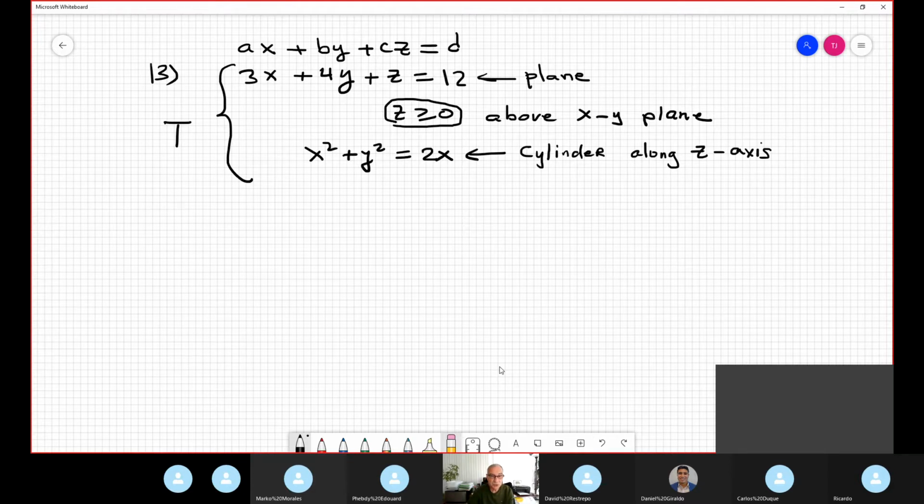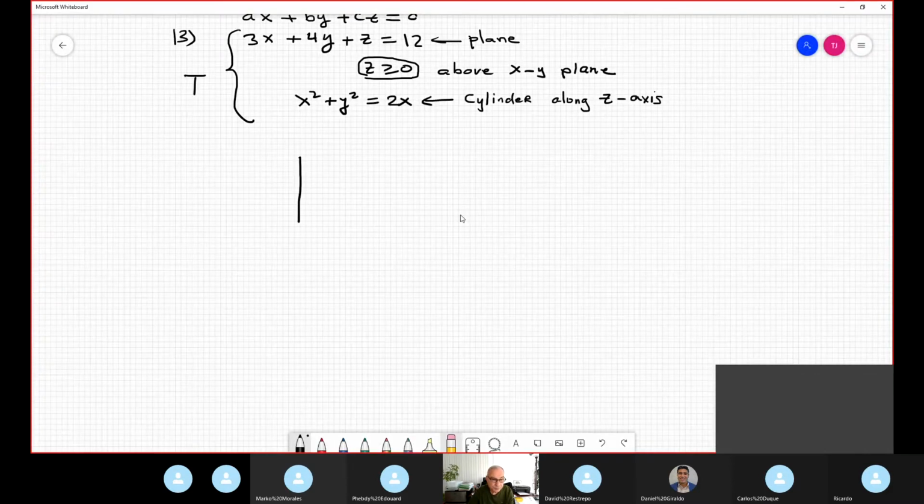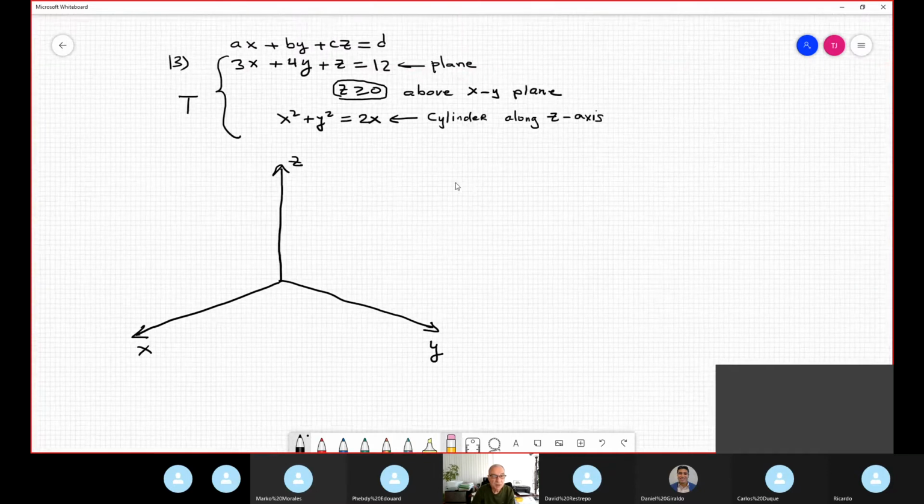So let's try to do the sketch in 3D, roughly. The plane is easy because we can find the intercepts.